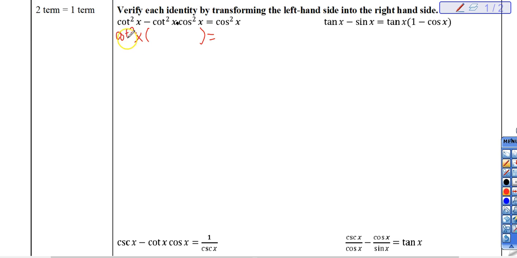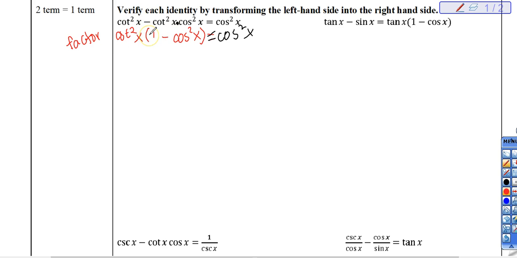So if I take a cotangent squared out of a cotangent squared, I'm left with 1 minus cosine squared x equals, and the other side is cosine squared x. So I'm keeping track of what I'm doing. Over here, first thing I did was I factored, and I changed subtraction into multiplication.